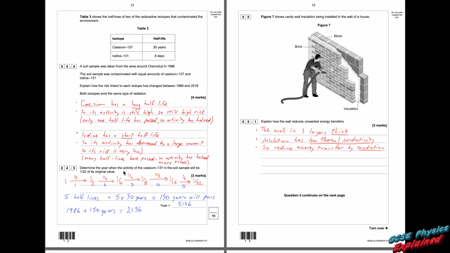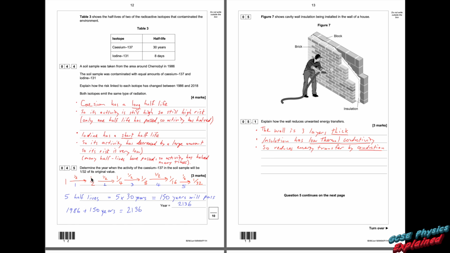Part 5. Determine the year when the activity of the cesium-137 in the soil sample will be 1/32nd of its original value. So if we've got 100% or a full fraction at first, then every half-life you're going to have half of what you had.